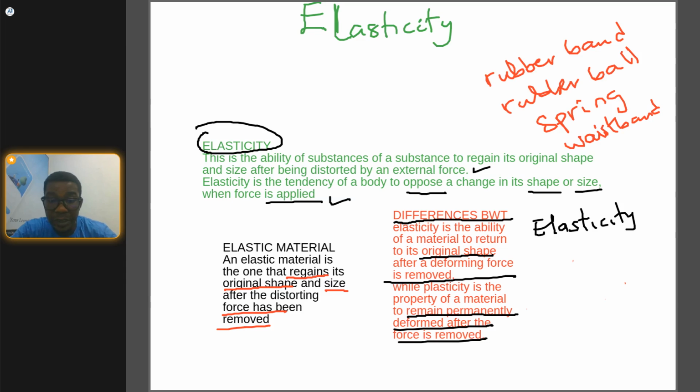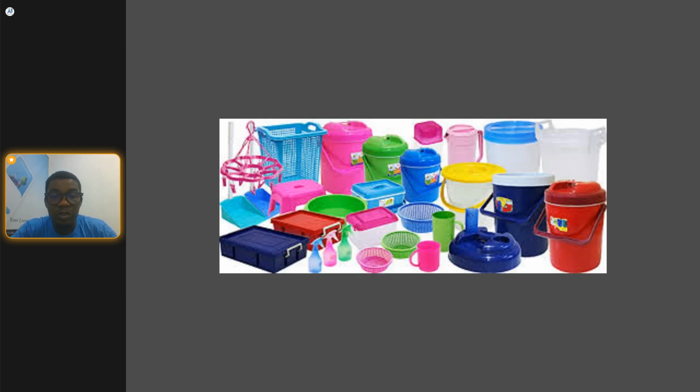We have so many examples of plastic that we can make mention of, and some of them are very close to us. Plastic materials do not regain back their positions. Look at all these that we have here. They are all plastic.